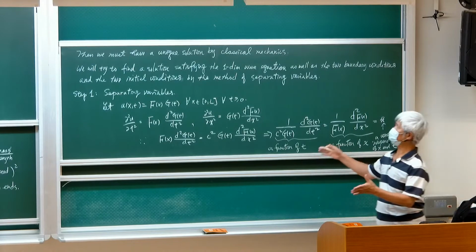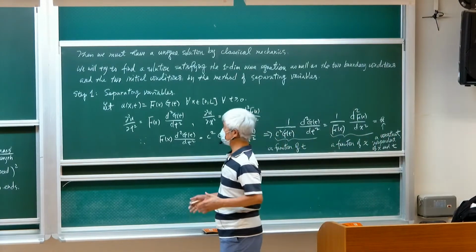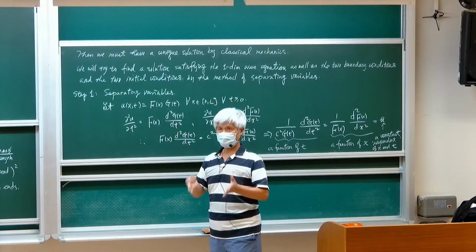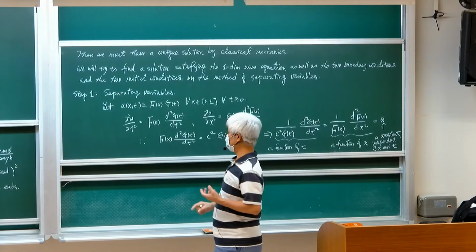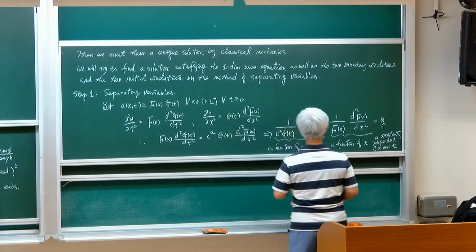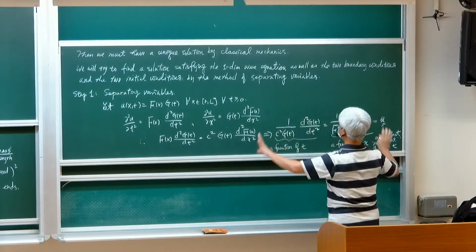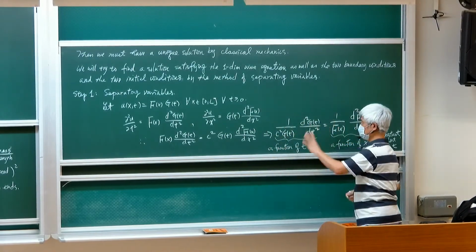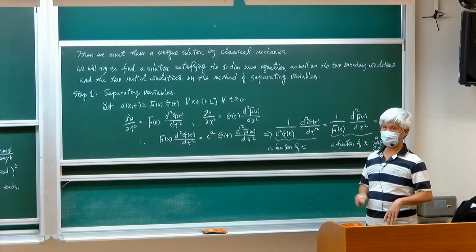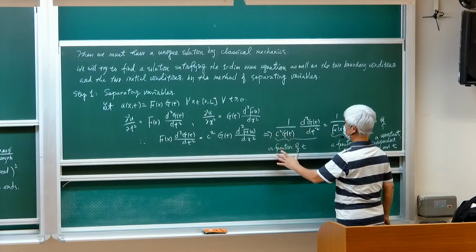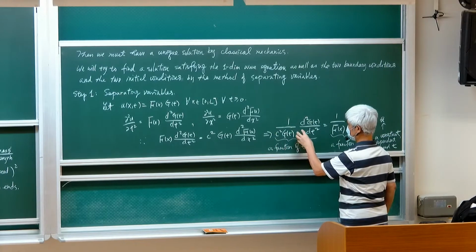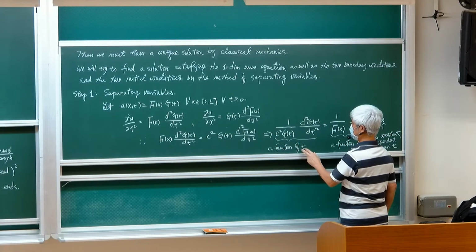So the power of separation of variables is that, first of all, it's easy to take the partial derivative. Second, we are able to really separate the equation into two parts. This part depends on one independent variable t.